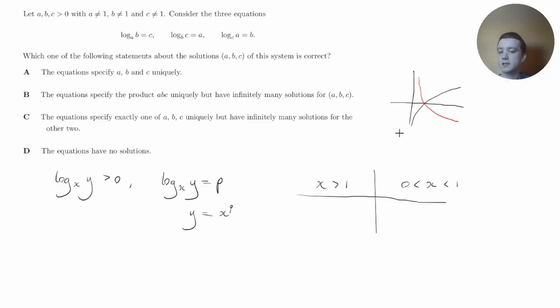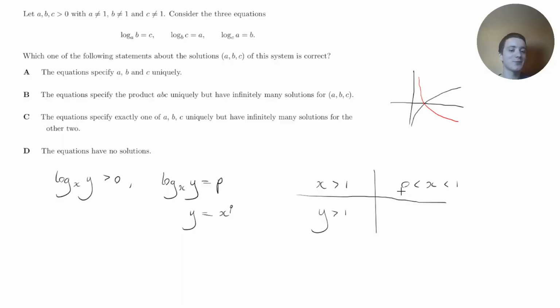Let's look at the case x is bigger than 1 first. In this case, y is equal to x to the p, and p is a positive number. Now, since x is bigger than 1, if we take it to a positive power, we're going to see that y is also bigger than 1.